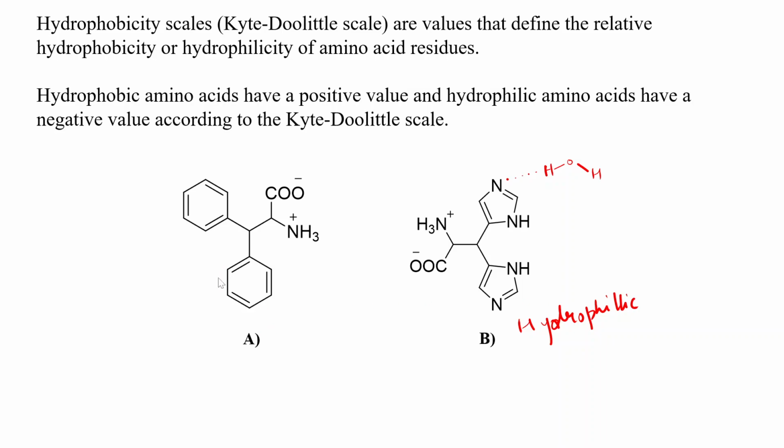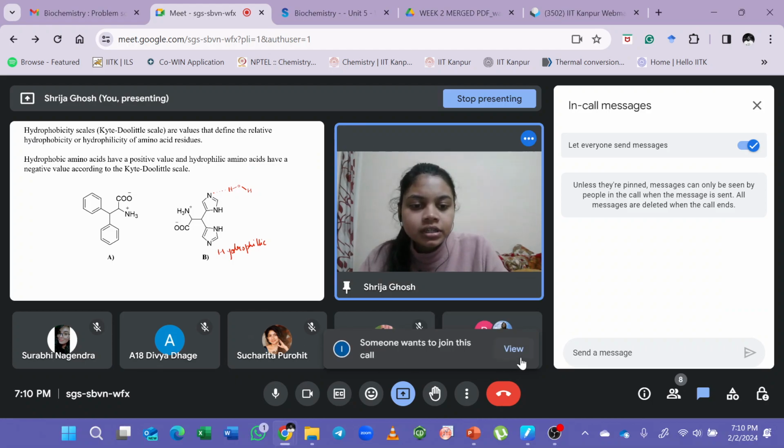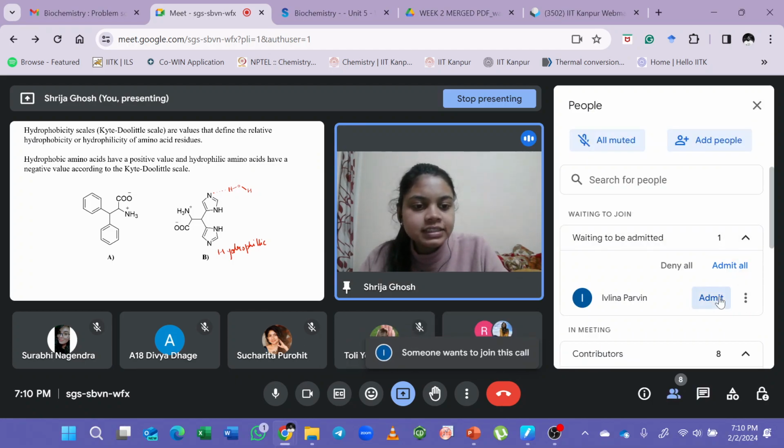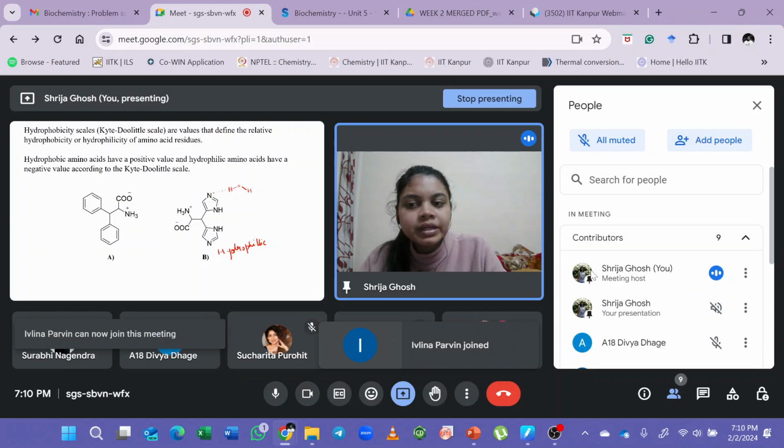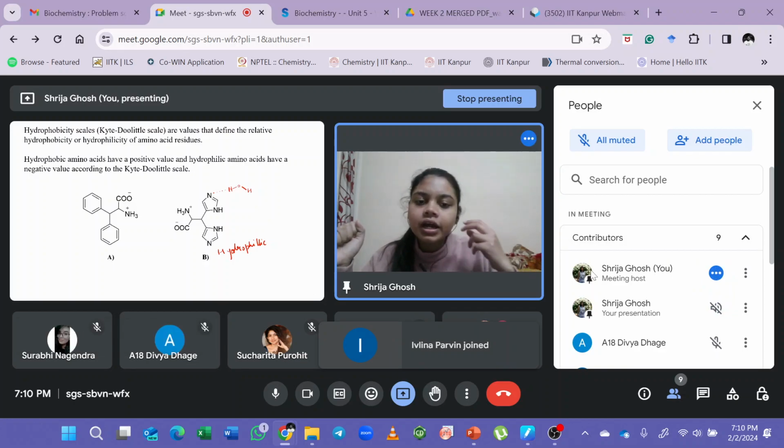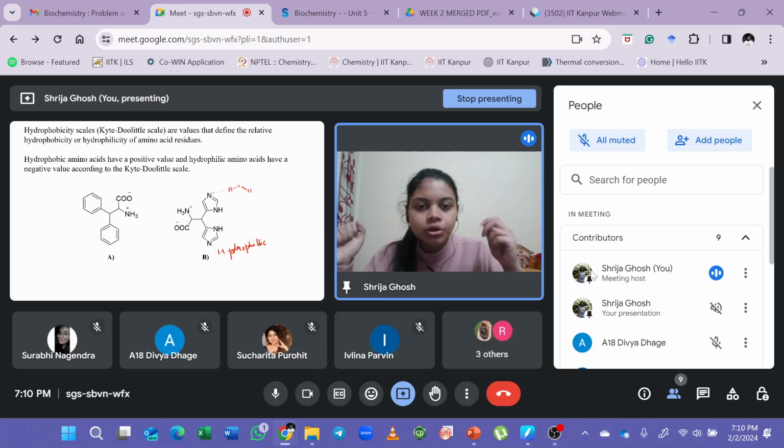Why is this molecule hydrophobic? Because it has a benzene ring attached to it. A benzene ring is a conjugated system. It cannot make hydrogen bonds with the water molecules, so it is hydrophobic in nature.